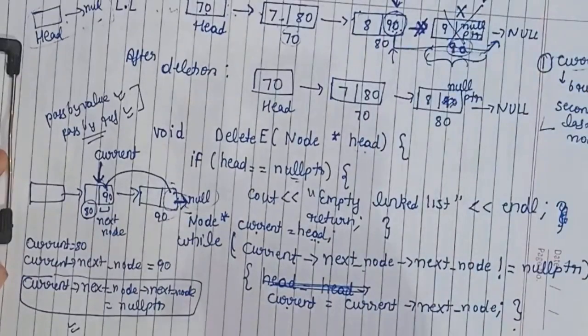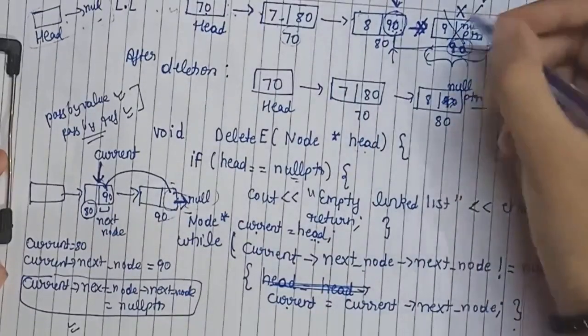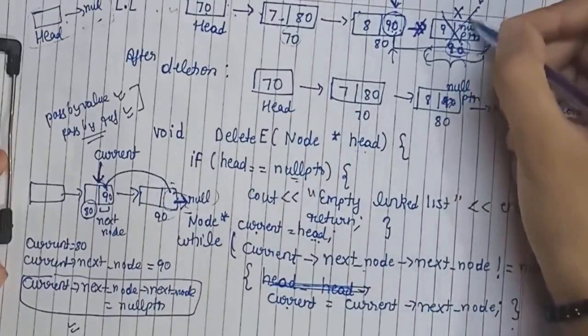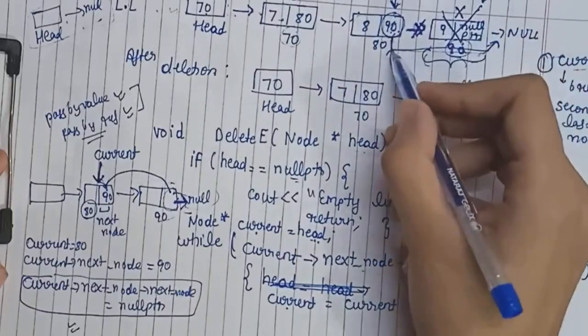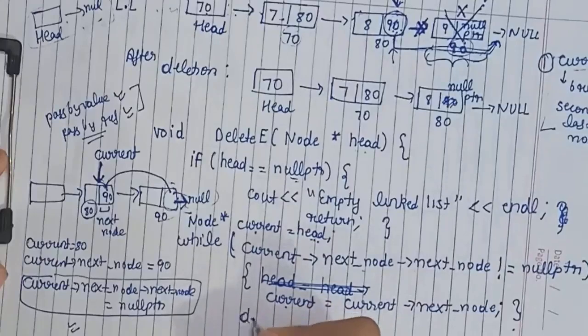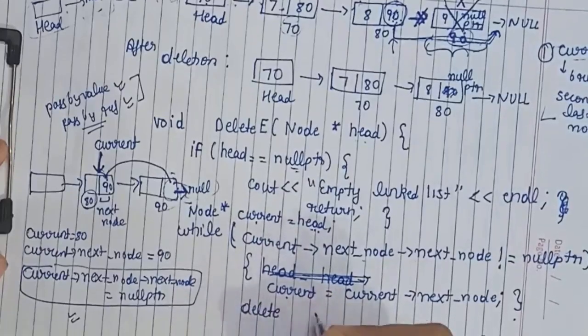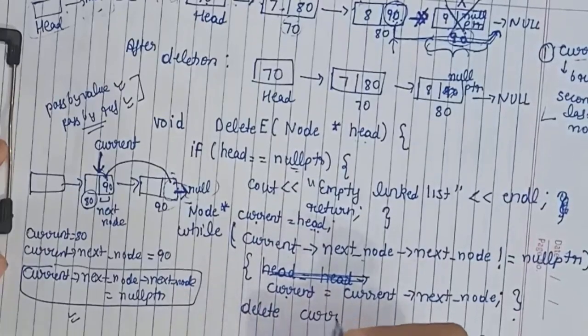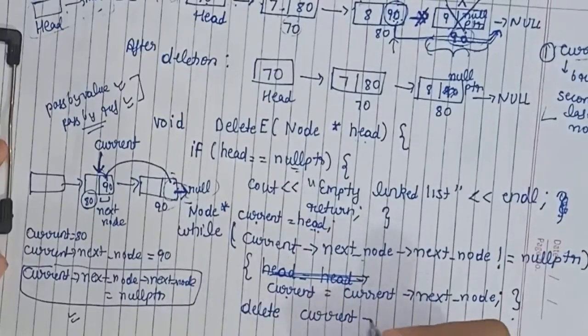So now what is our next step? Next step is to delete this particular node and make this connection to the null pointer. So now here I will be deleting the current's next node.